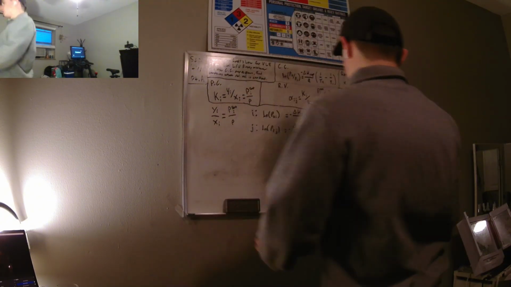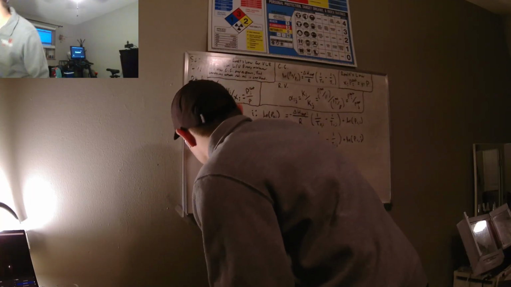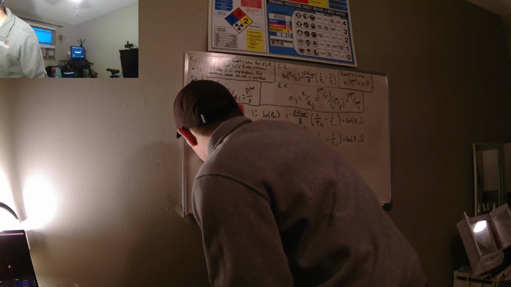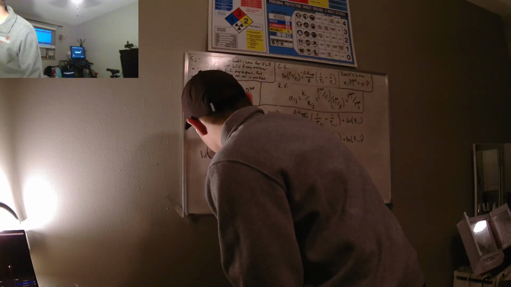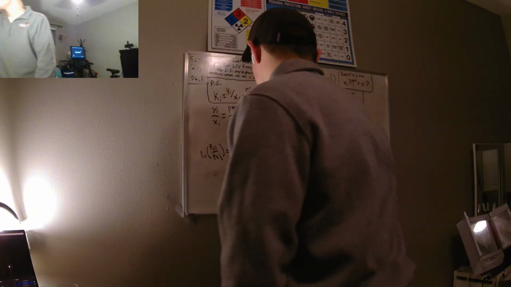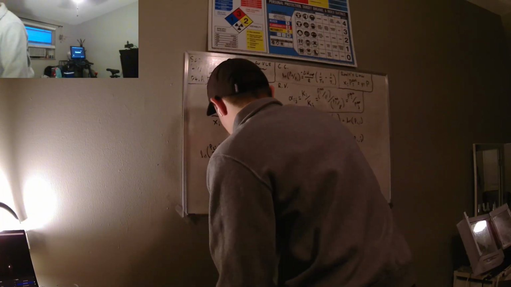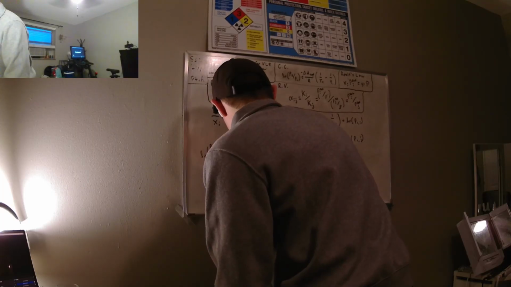So, subtracting these two terms out, we get ln of P2i over P2j equals negative delta H vap.